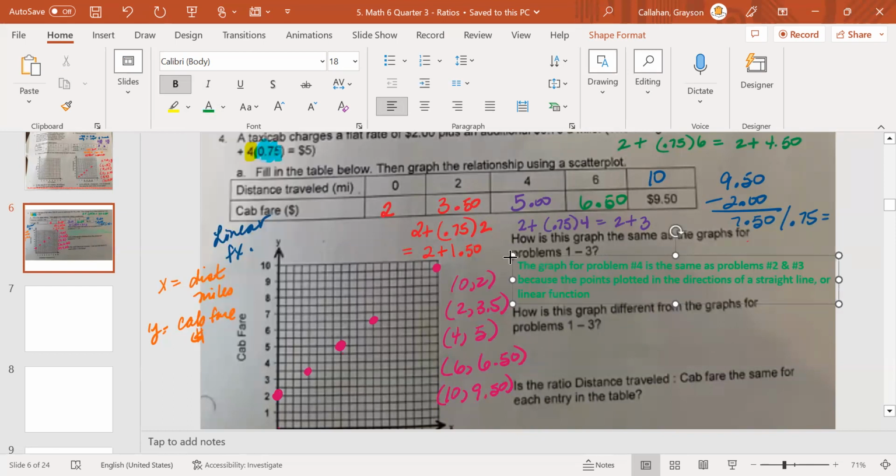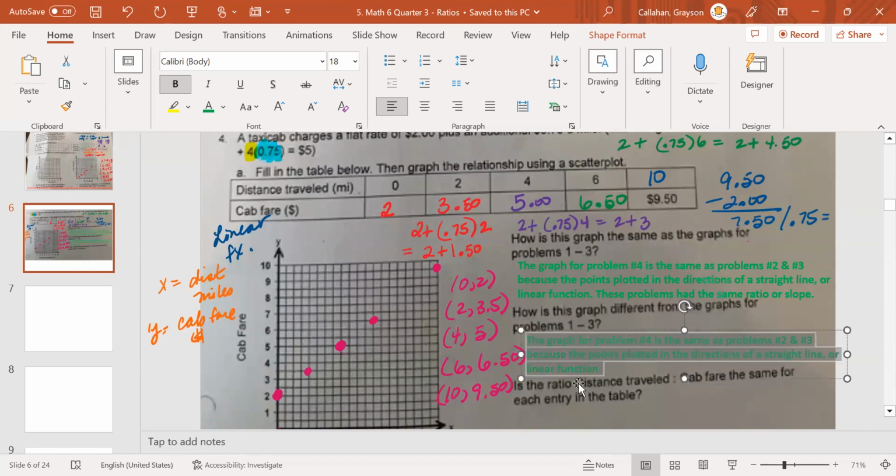Okay. How is this graph different? These problems had the same ratio or slope, okay? You could say the graph for problem... All right, so you can see the graph for problem number 4 is different than number 1 because there is no straight line.